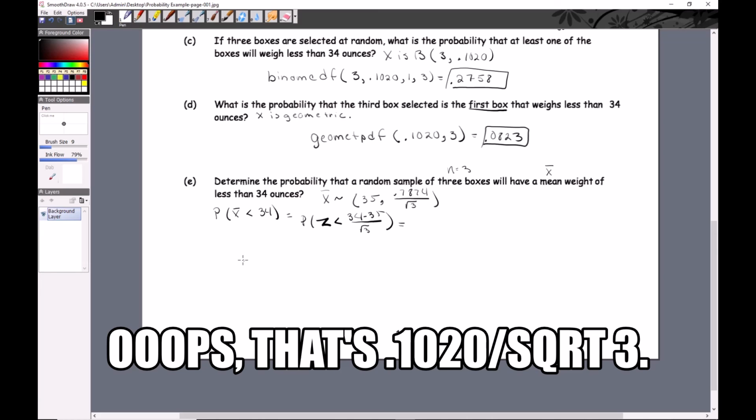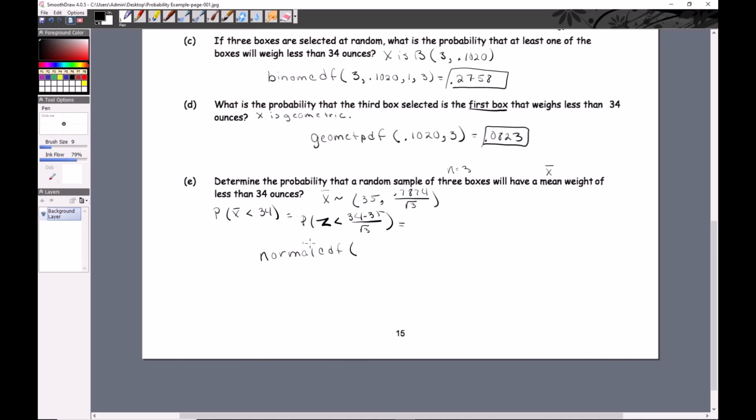And we should be able to just pop this into normal CDF. And this is less than, so it goes to negative infinity. So again, negative 100 up to 34 with a mean of 35 and a standard deviation of 0.7874 over the square root of 3.